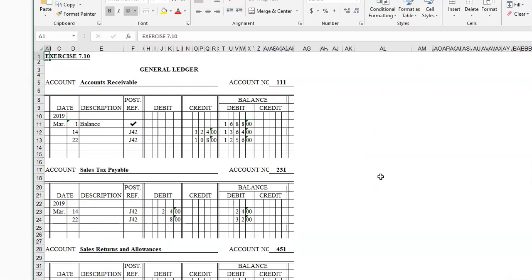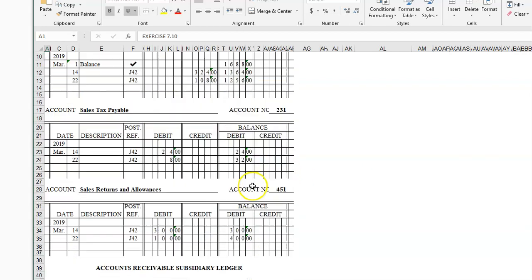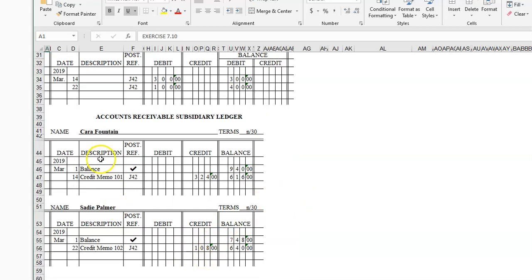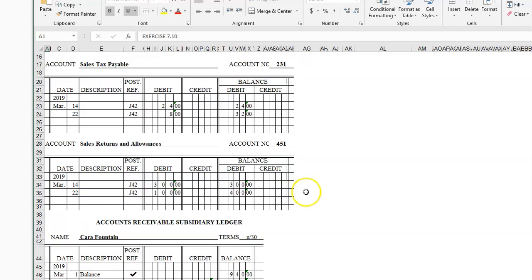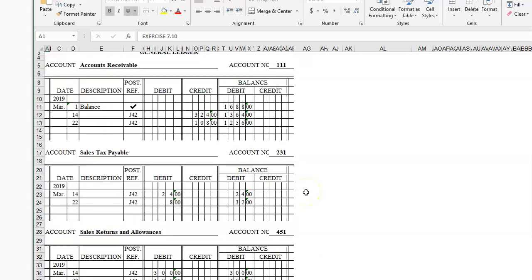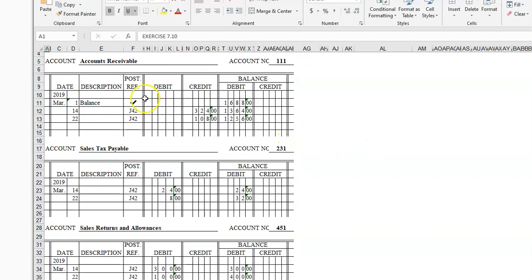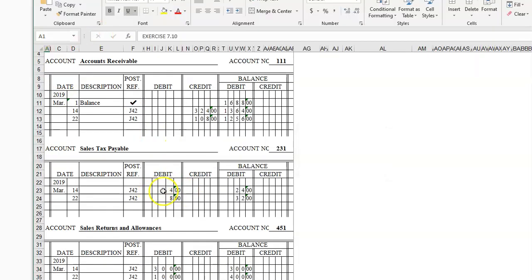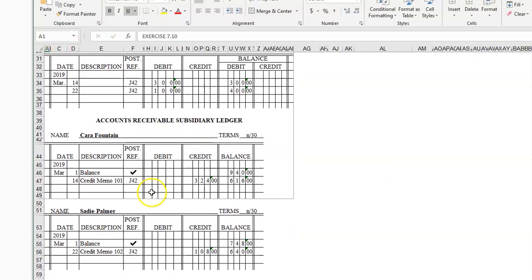I want you to go in and post each entry. So let's go ahead and see that for Kara and Sadie. I'm going to go ahead and print this so I can work along with you a lot easier.